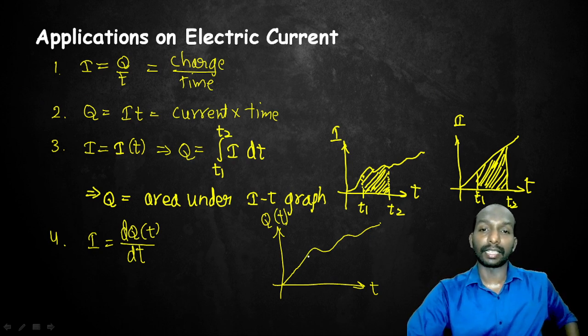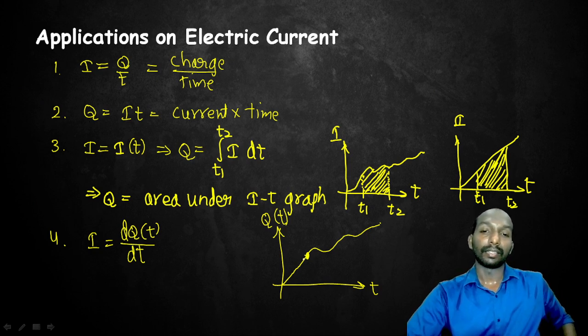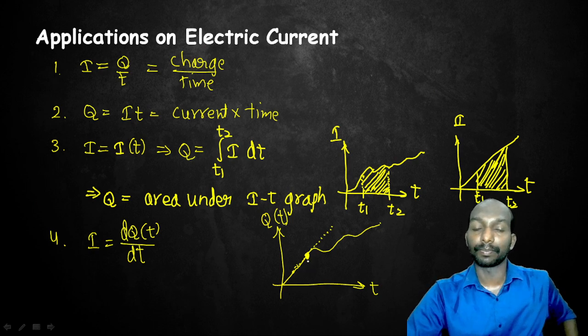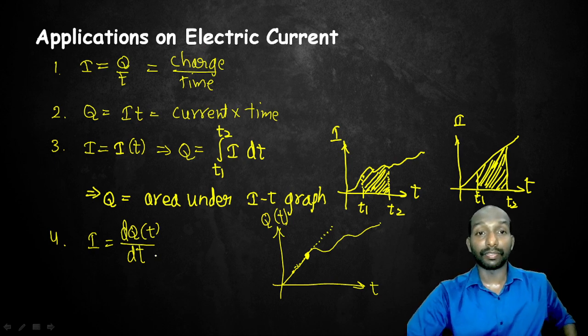To find the electric current at a particular instant, simply take the slope of the tangent at this point, and you will get how much current is there at that time. It is nothing but taking the differentiation of the function to get the electric current.